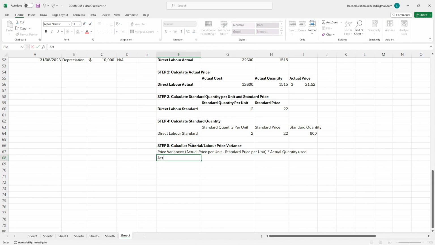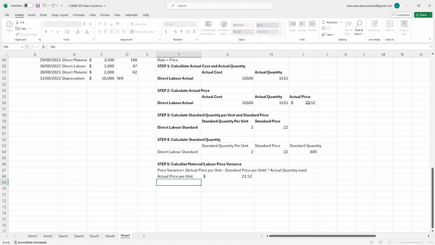So your actual price per unit is $21.52. Your standard price is 22. Your actual quantity used, actual quantities right here, 1515.